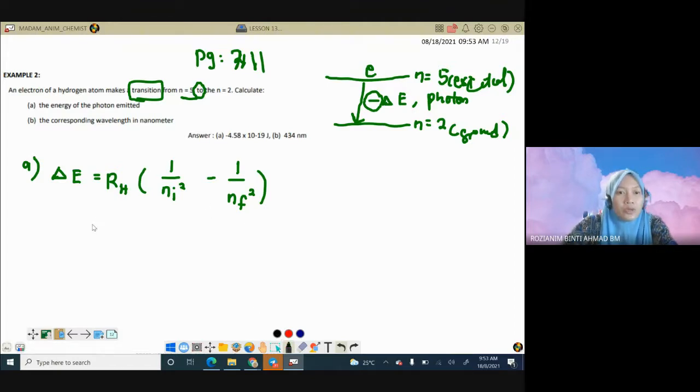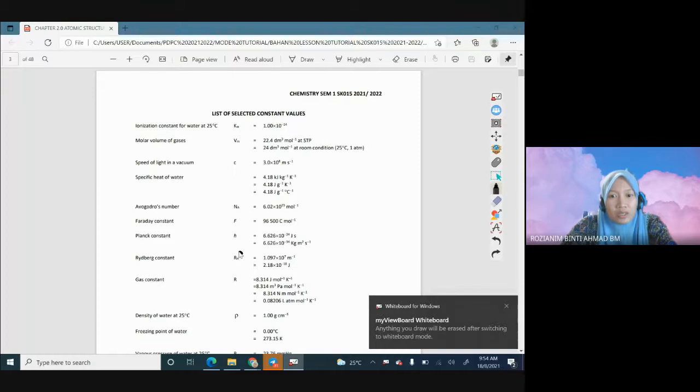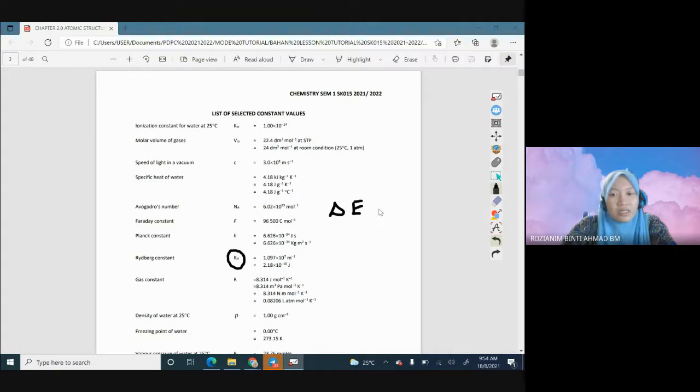Okay, so equal to RH, value mana nak guna. So kita kembali semula kepada constant data. So which value should be considered for the RH constant? Target kita nak kira tenaga. So our energy must be unit joule. So therefore the value should be 2.18 times 10 to the power of negative 18 joule. Jangan ambil per meter. Per meter ni nak ukur wavelength nanti.